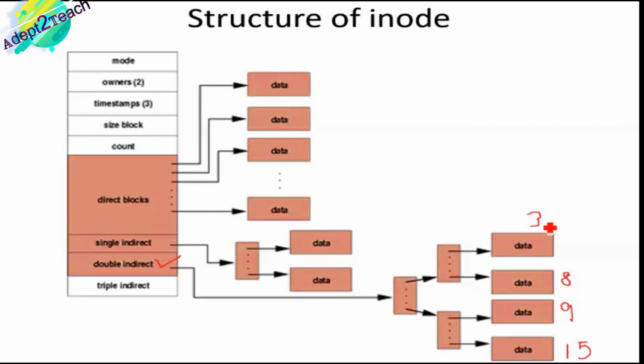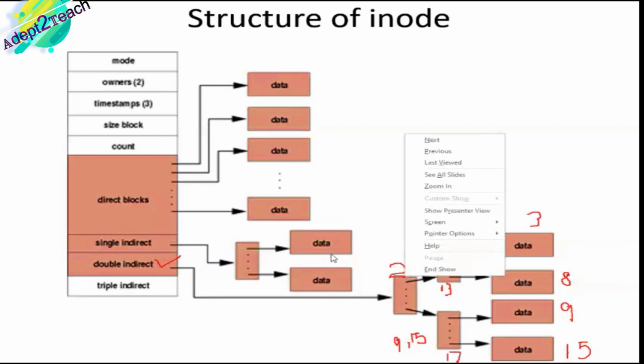Two of these locations are stored with one file, whose location, let's say, is 13, and the other two pointers are stored in another file, whose location, let's say, is 17. This is your original file with the location number 2.